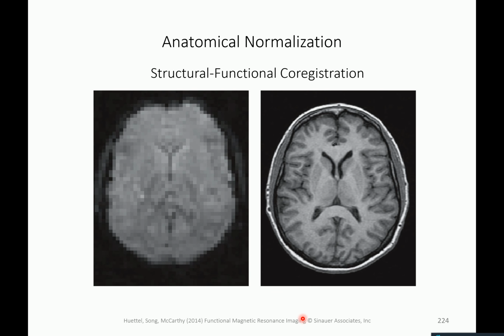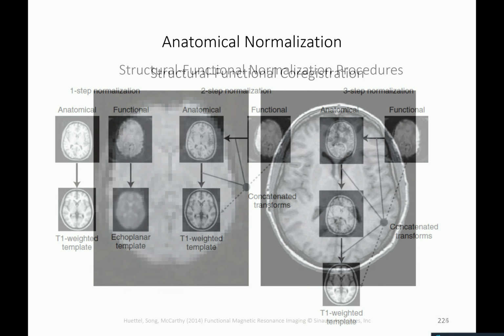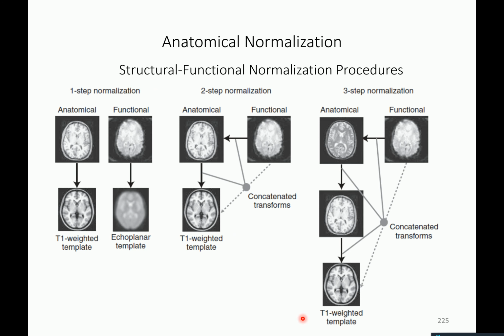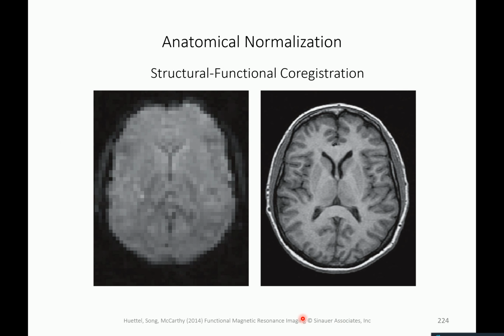So what a lot of people do, as I briefly hinted at, is to actually use the T1 templates and T1 data from participants and align those, so basically to get the parameters to morph the participant-specific anatomy into the template.